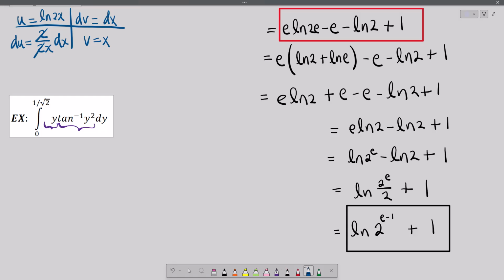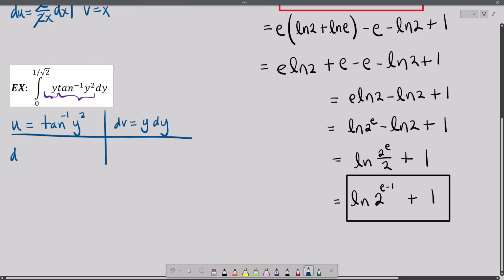So if we are going to use integration by parts, we are going to do integration by parts with the arctangent being part of the u. And then dv will be y dy. Okay, so that's the only choice that makes sense, because putting the arctangent with the dv, we don't know how to integrate it, so let's put it with the u.